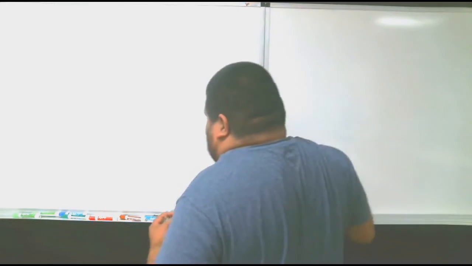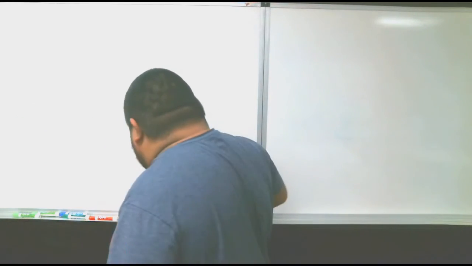All you have to do is plug it in and solve like a normal problem. Probably the hardest part is choosing the equation you need to use. So here are the ones for you. I'm not actually going to draw the whole triangle, I'm only going to give you the pieces.